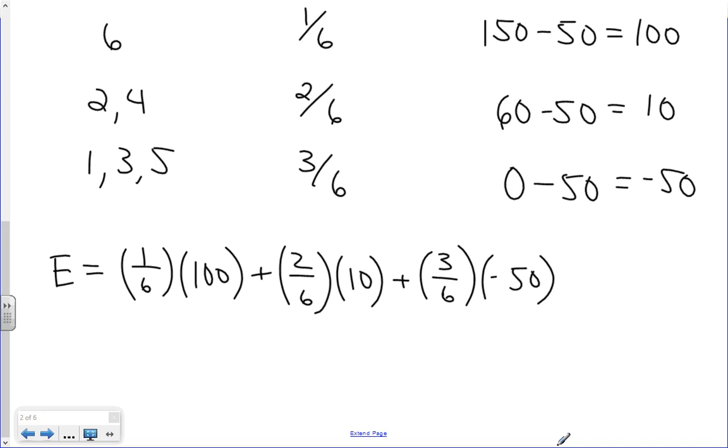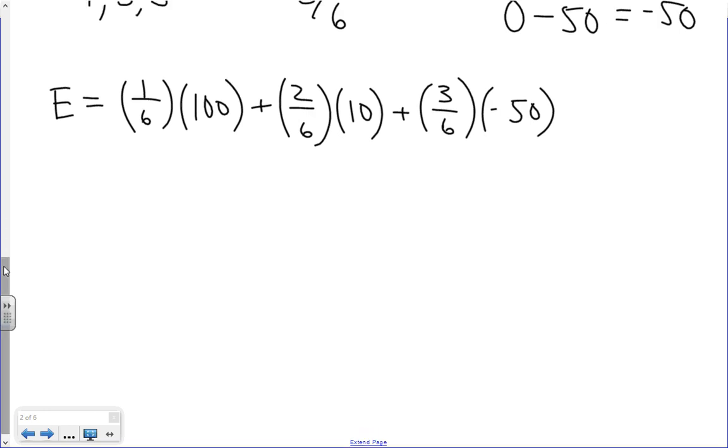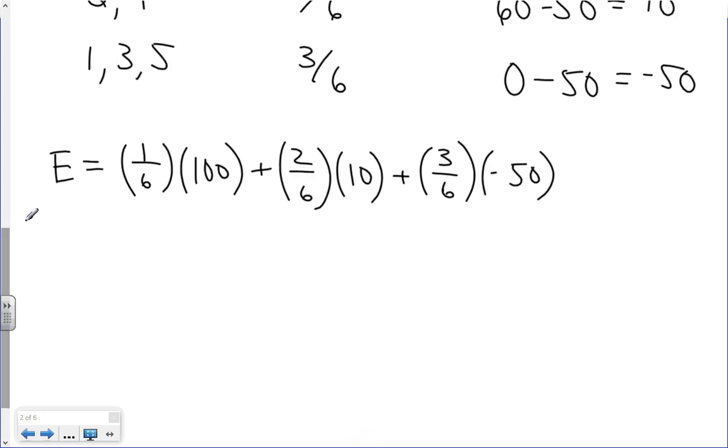Okay, so then the question is, well, what does this turn out to be equal to? I guess we can probably calculate this without a calculator. These all have the same denominator, so it should be a little bit easier to add this up. In fact, let's write it that way. This is 100 over 6. This is 20 over 6.